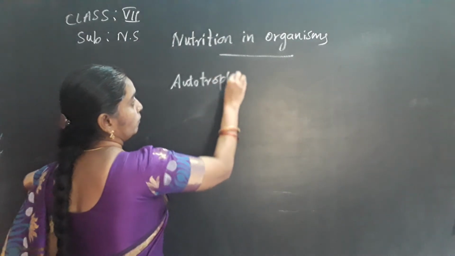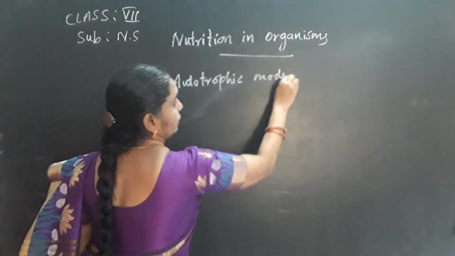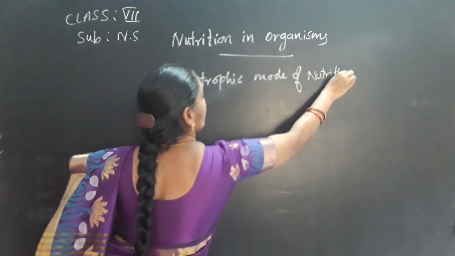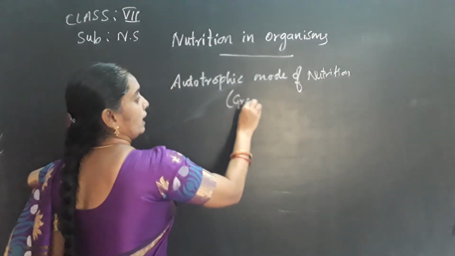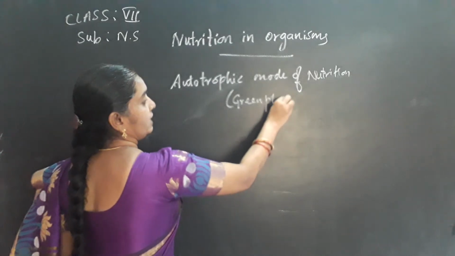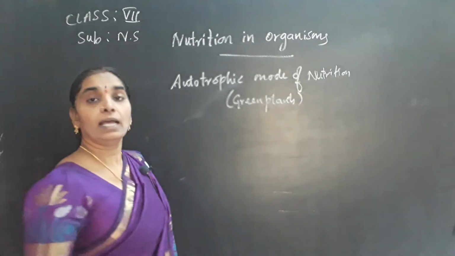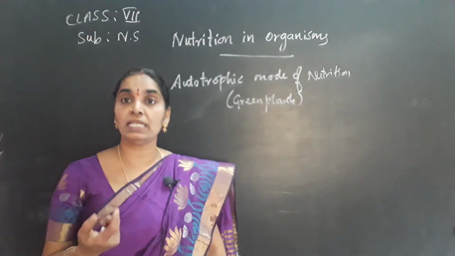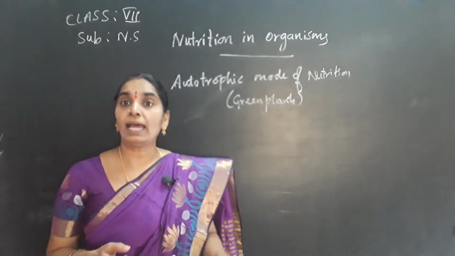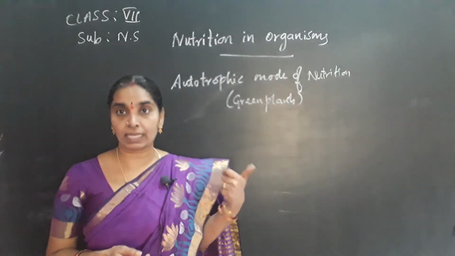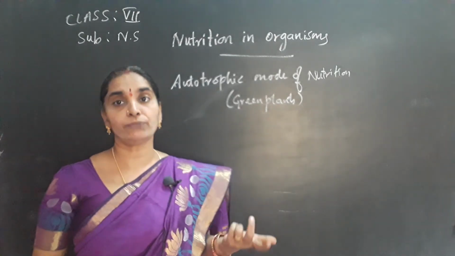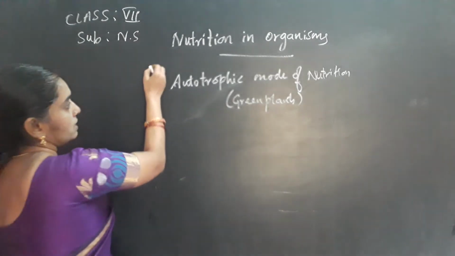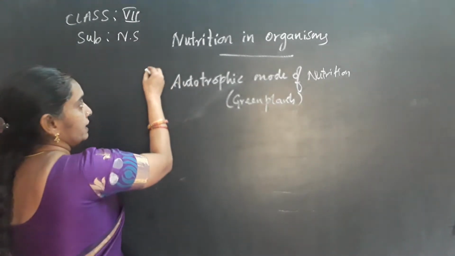Certain yellow colored leaves also have hidden chlorophyll inside which can perform photosynthesis. They also prepare the food by themselves. So green plants prepare the food by themselves.